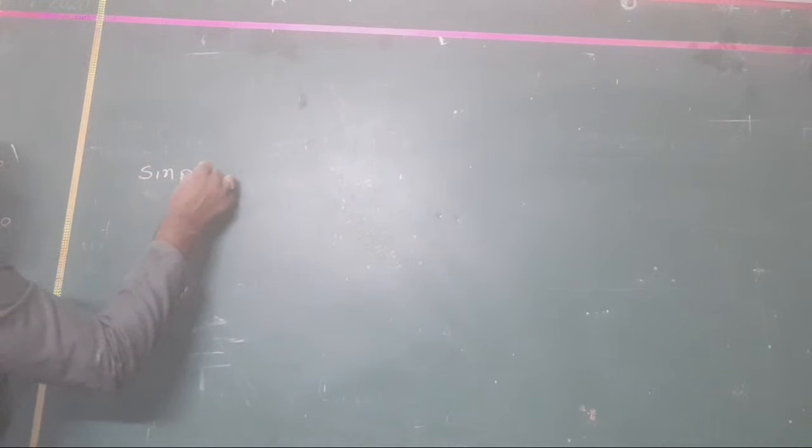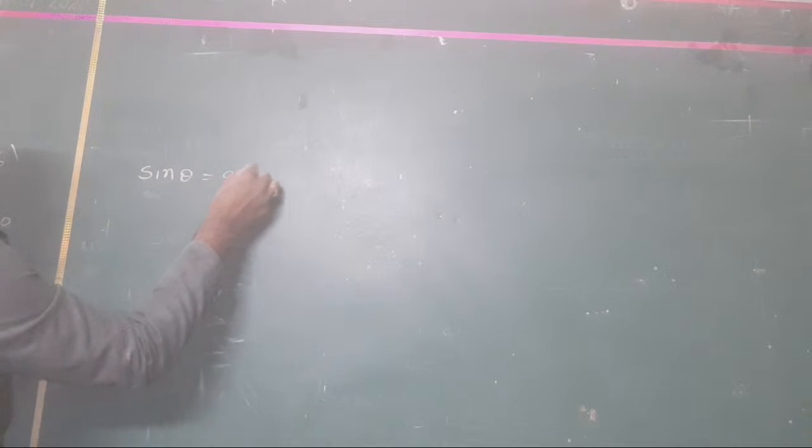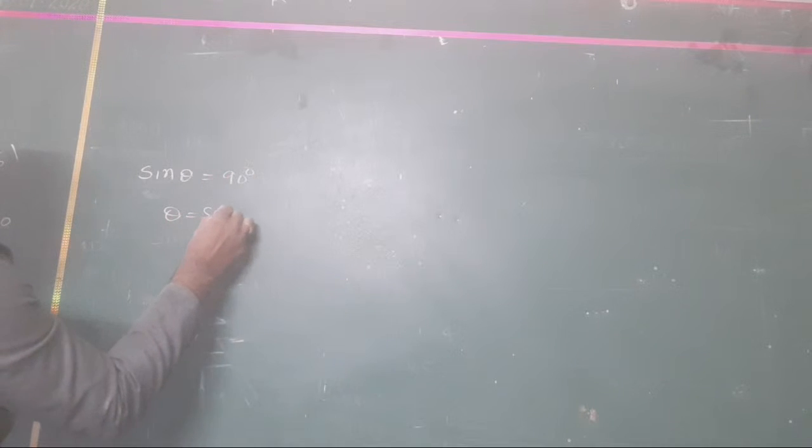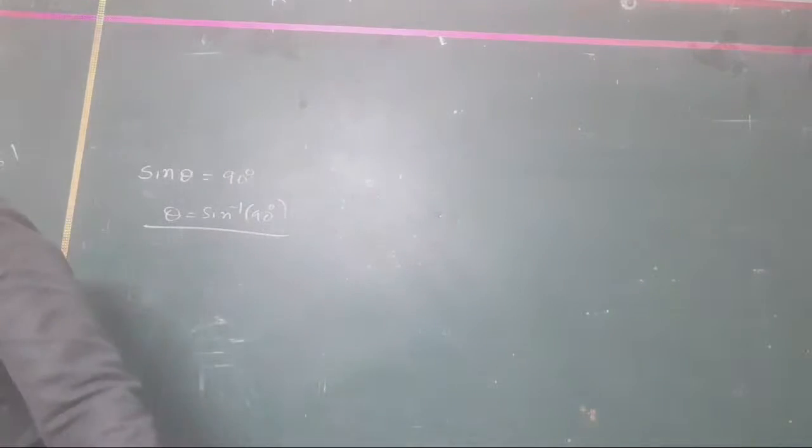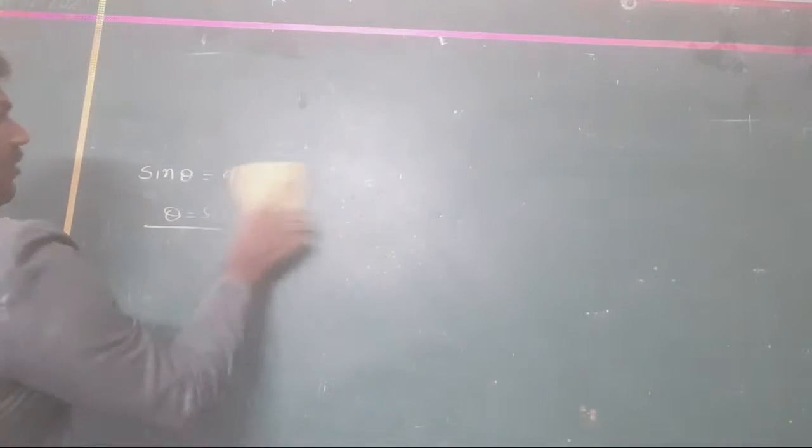These are all sine inverse values. Sine theta is equal to 90 degrees, now theta is written as sine inverse of 90. Like that you have to write. This is what you get in your 10th class mathematics. Don't bother about that. Come to here, the next concepts.